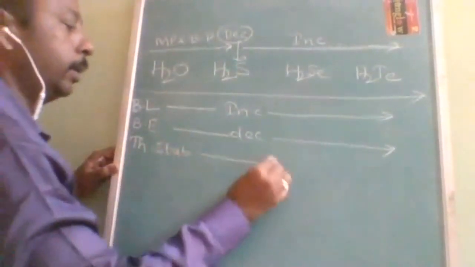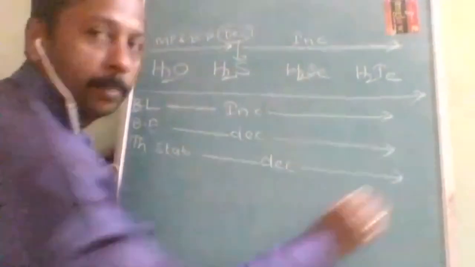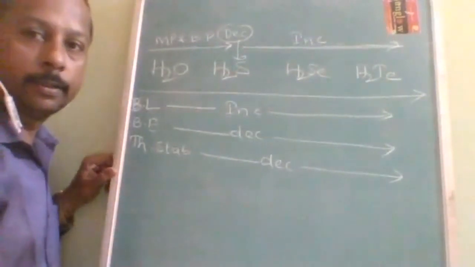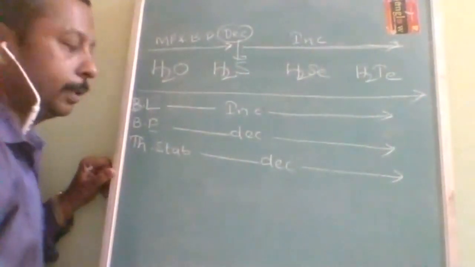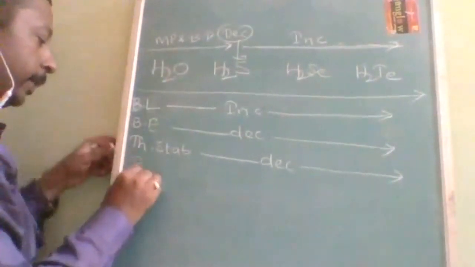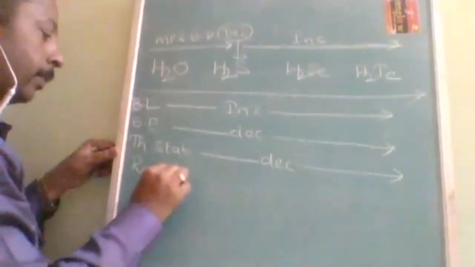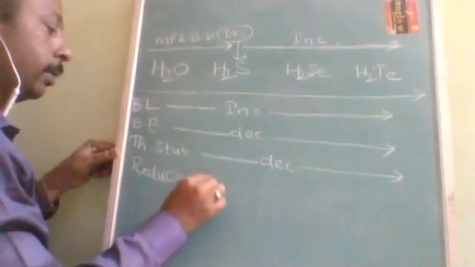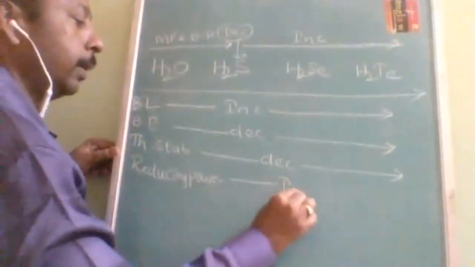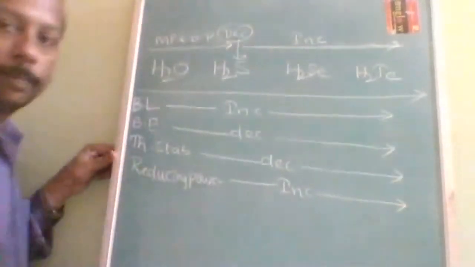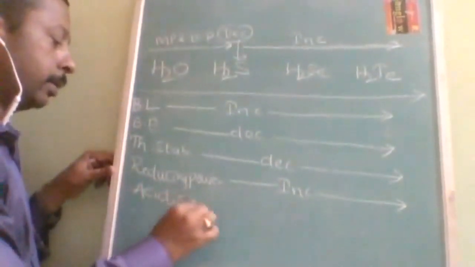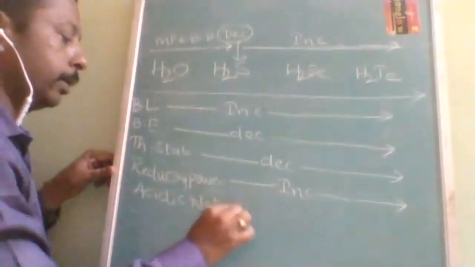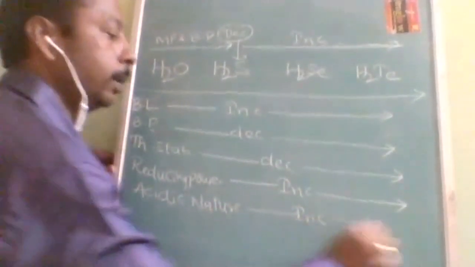Thermal stability decreases. Reducing power increases. Acidic nature also increases. Is it understood, students?